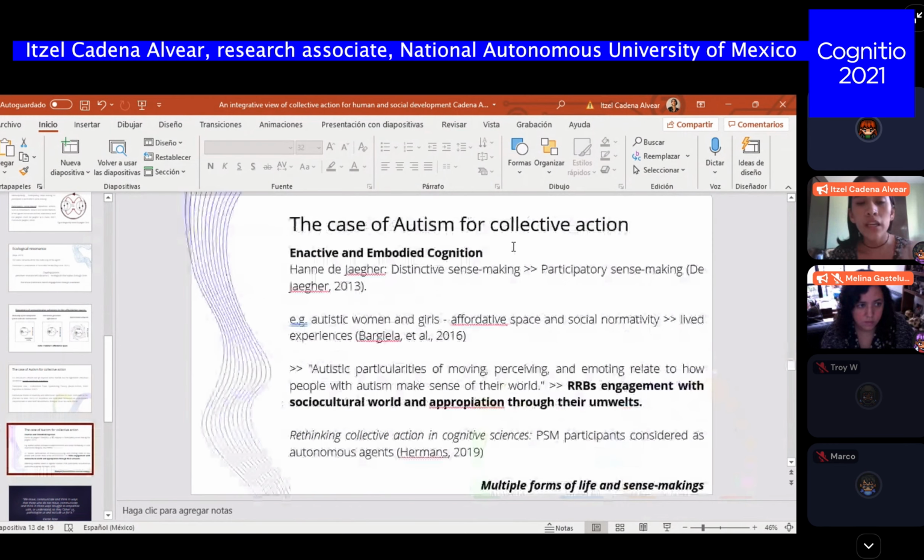In contrast, we are departing from an enactive and embodied cognition view that, in this sense, Hanne De Jaegher deeply defined. And she says that autism is a distinctive sense making. So, according to her, the autism spectrum conditions comprehend a different kind of sense making, therefore, a different participatory sense making.